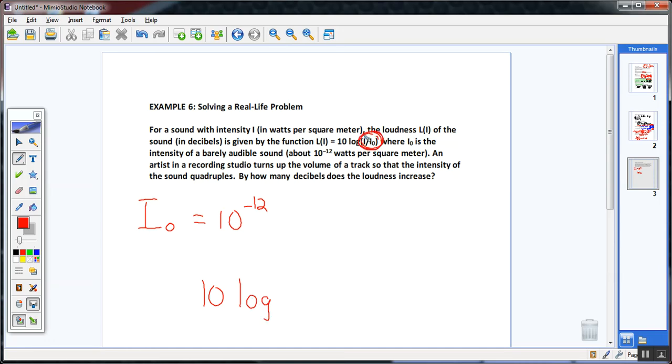If you want to quadruple this, I don't care what it is, what could you put in there? 4, okay? What's 10 log of 4 equal? 6.02. So this is going to increase by about 6 decibels.